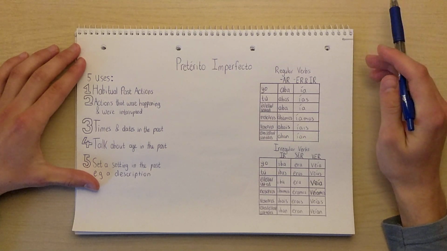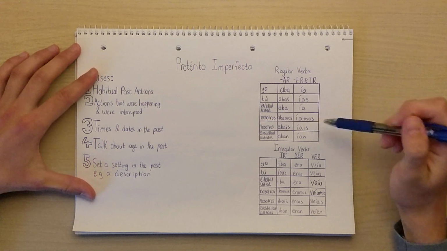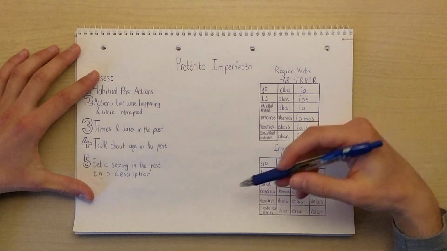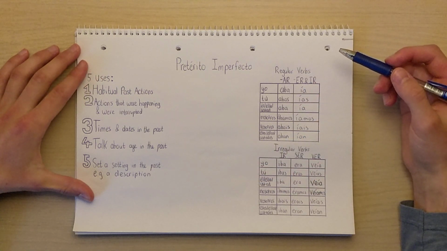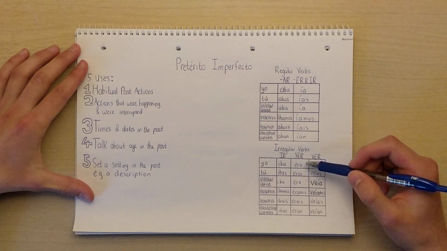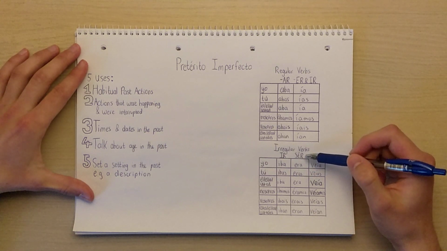So in the year 2000, you all had 5 years. You all were 5 years old. Now, to set a setting in the past or give a description. So, if I want to describe how my grandma was in the past, right, I could say, mi abuela era baja. My grandma was short.